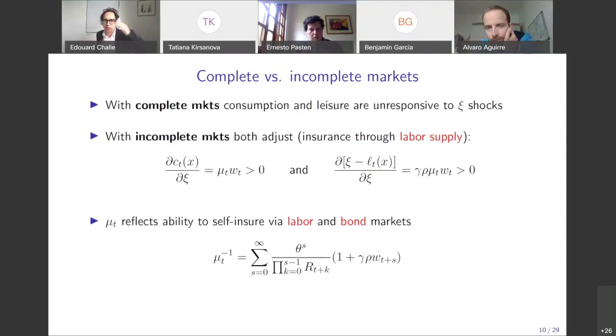So mu_t, as I said, basically is a sufficient statistic for the self-insurance that agents enjoy. When they're hit by a bad shock, they can work more to buffer the shock, or they can borrow to buffer the shock. It's easier to do that when wages are high and interest rates are low, and the other way around. Okay.